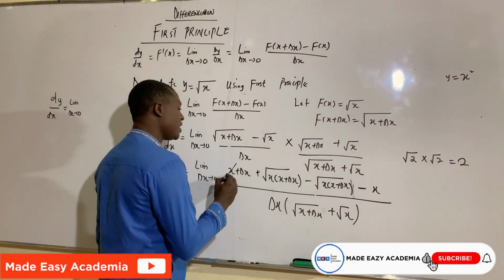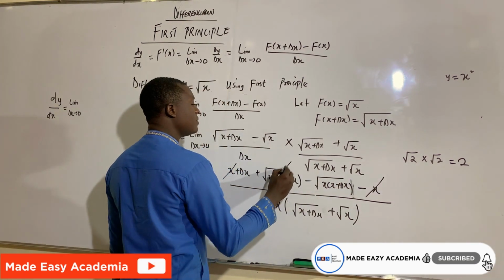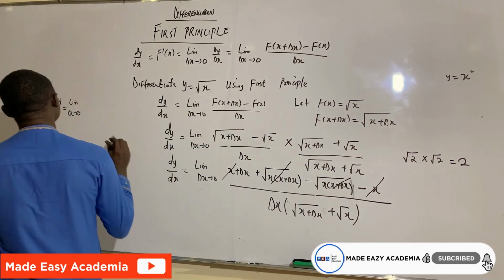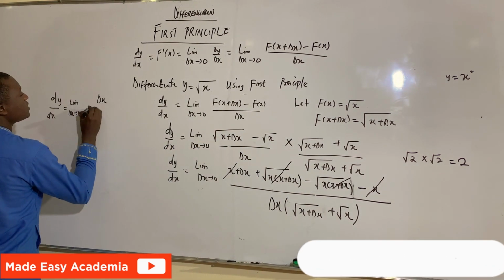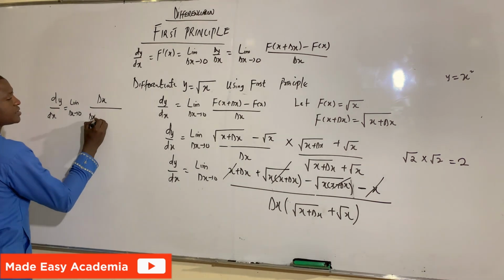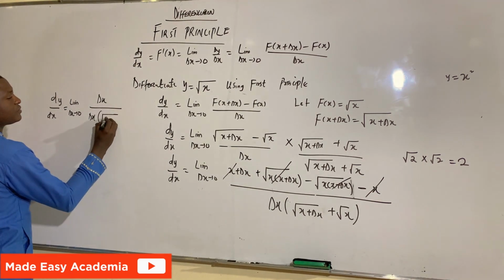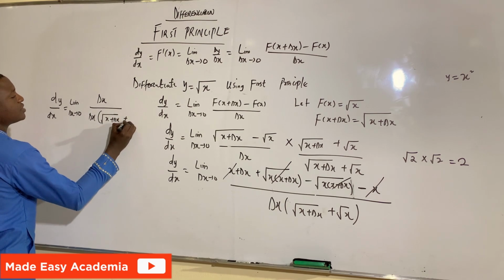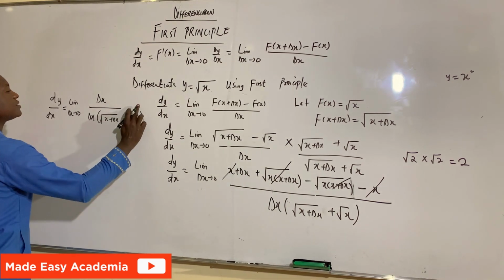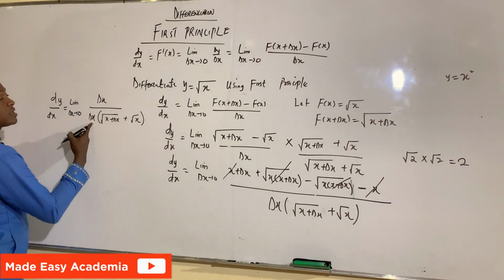That's 0. So x can cancel x here, and at the same time this cancels this. What we have left now is change in x divided by change in x, over root of x plus change in x plus root of x. So now we can see this and this can cancel because they are the same.